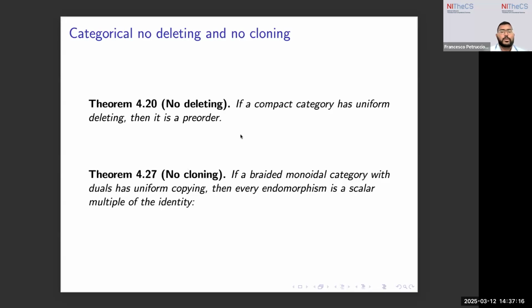And the dual of this no deleting theorem is the no cloning theorem that says if we have a braided monoidal category with duals with uniform copying, then every endomorphism is a scalar multiple of the identity. I'm not going to go too much into detail here, simply to say that you can obtain it by looking at what happened in the no deleting case and taking the dual of everything.